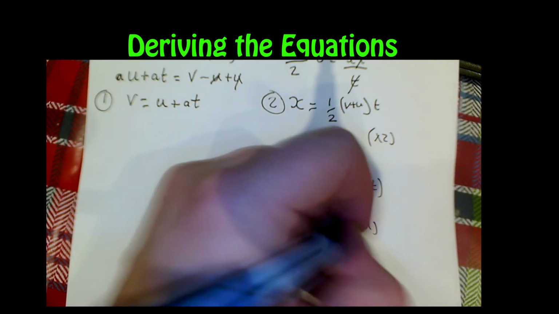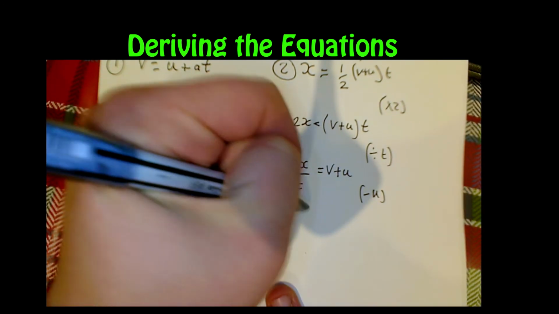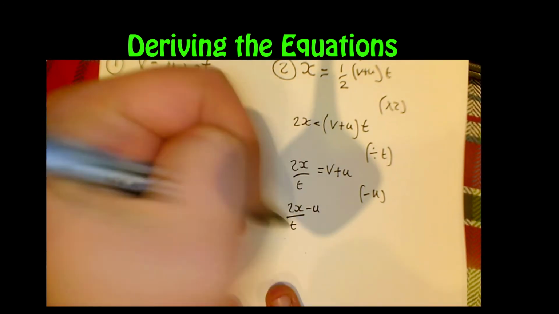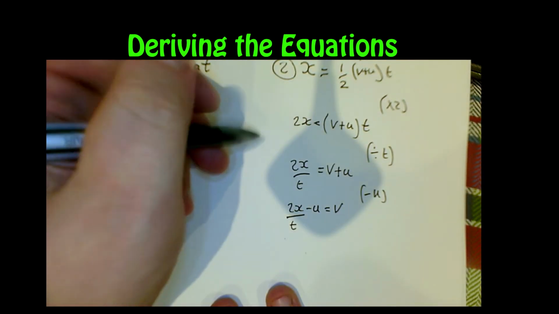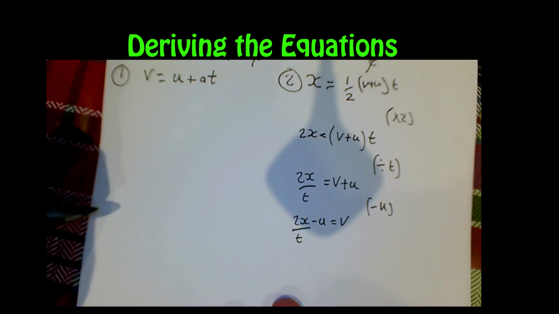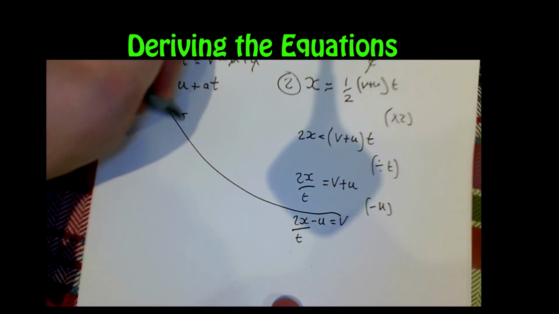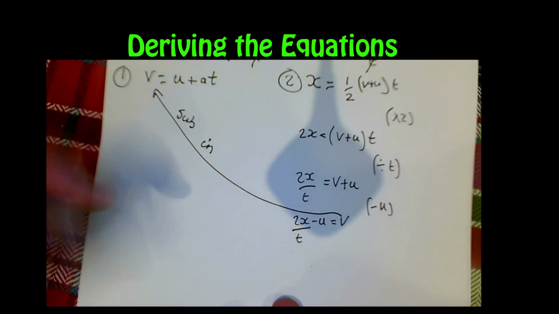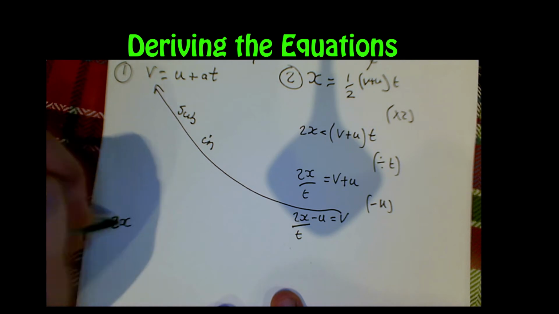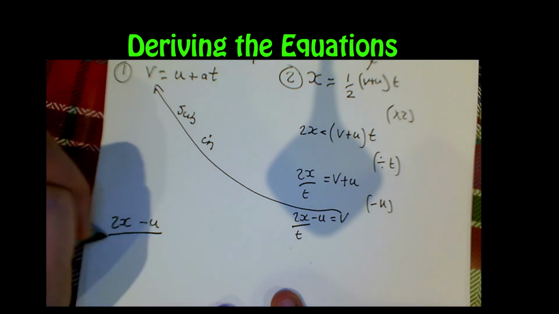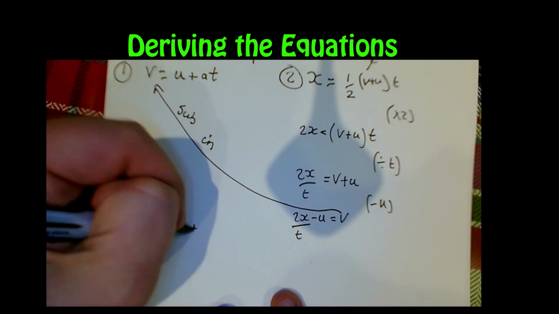Now we will take away u from both sides, and we get 2x over t minus u equals v. Okay, now what we're going to do is substitute this into here. So we get 2x over t minus u equals u plus at.